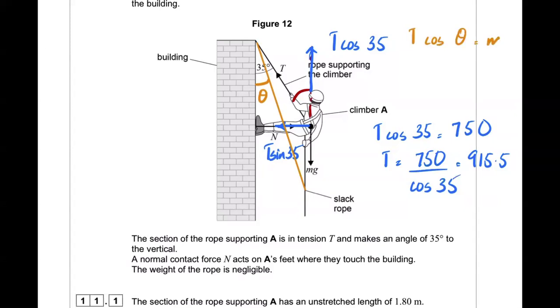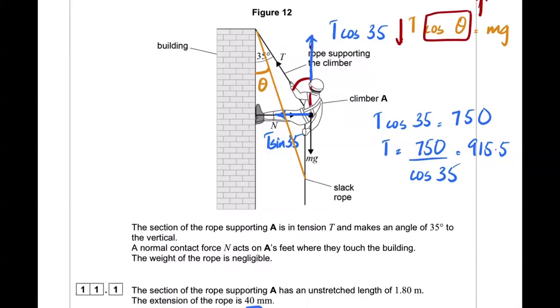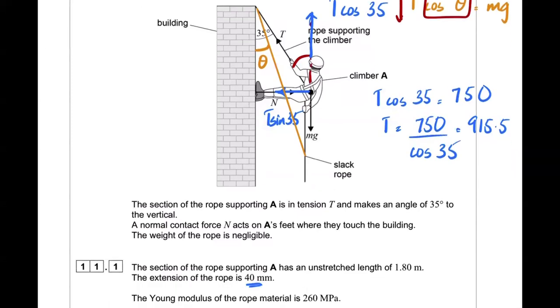And how the cos function works for acute angles is that as your angle decreases, cos theta increases, so the tension actually decreases. As cos theta increases, T decreases. Similarly for n, T sine theta equals n.